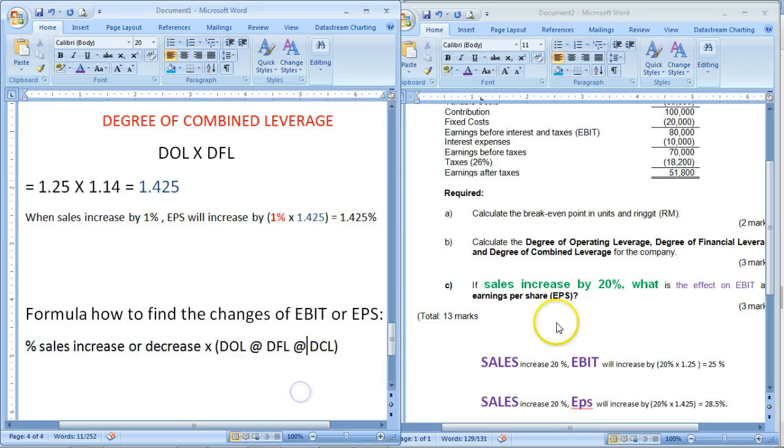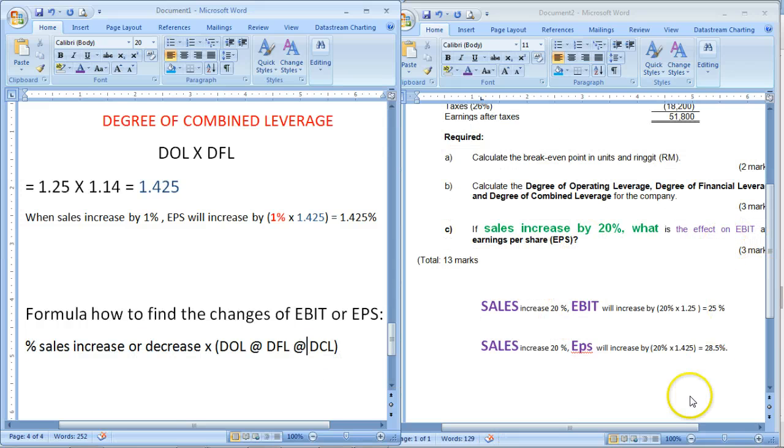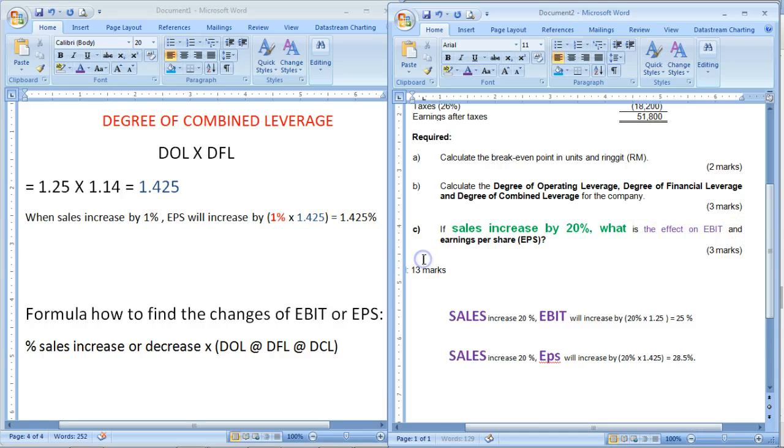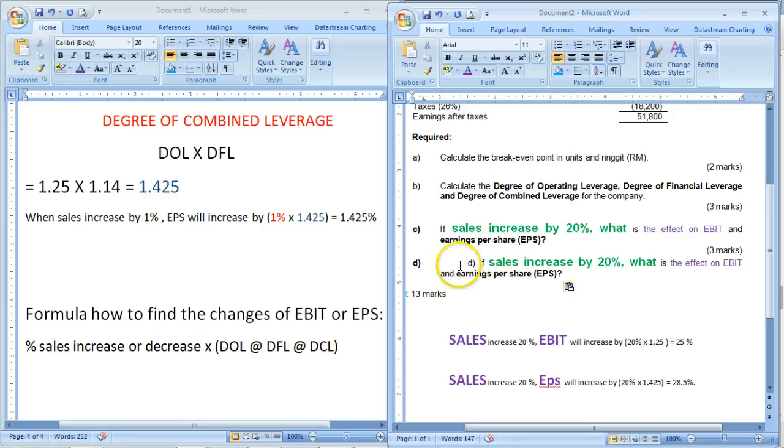Okay, class, if the question changes, I want to add another question. I give an example. I change question D, using the same one, but I change it to EBIT. What is the effect on EPS?